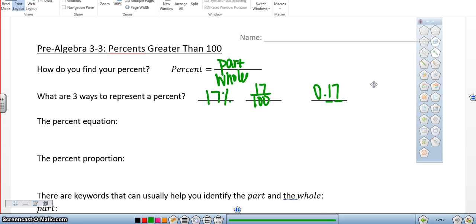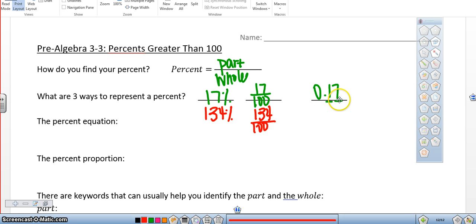Today we're going to be working with percents that are greater than 100. So it may even be the case that we have a percent like 134. We would still write it as 134 out of 100 because percents are always based back to 100.